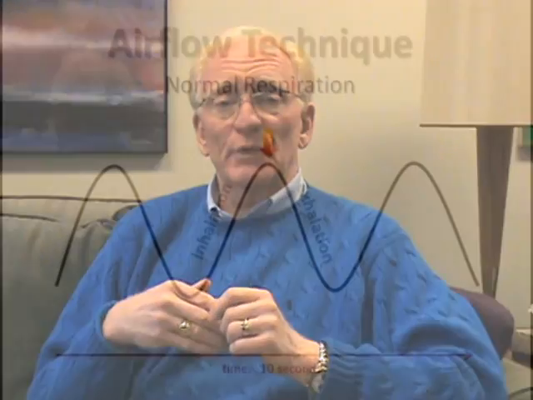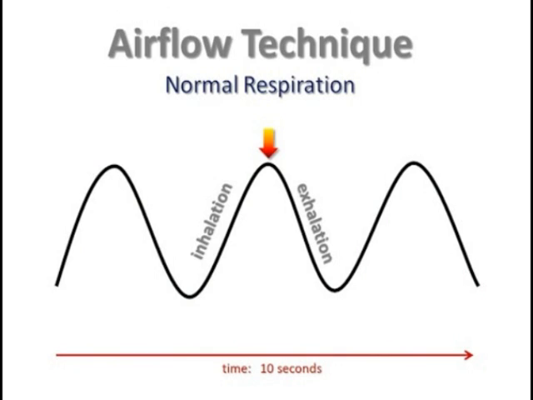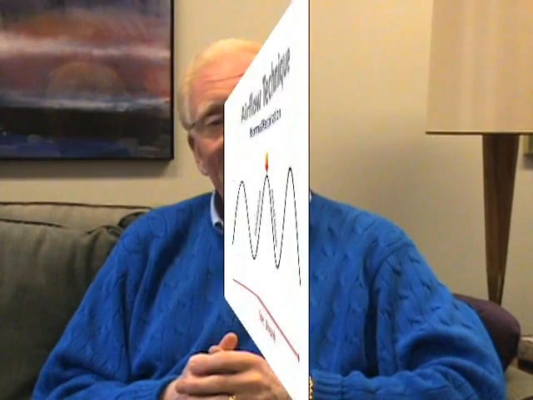So let's get started and take a look at normal respiration. There's, of course, the inhalation phase and the exhalation phase. And in relaxed breathing, like you're doing now, the inhalation phase and exhalation phase are pretty much the same in terms of their duration, how long they last.